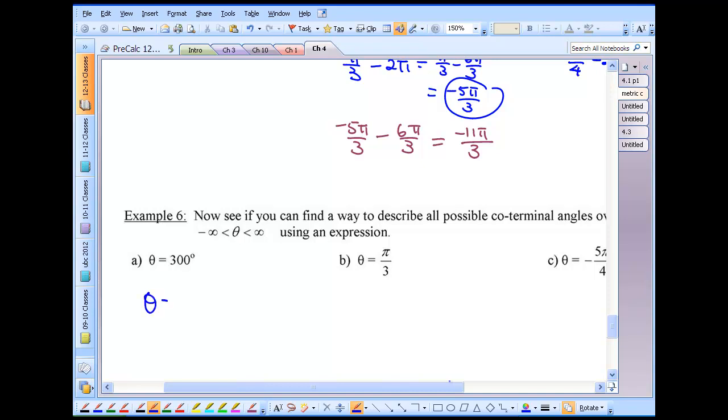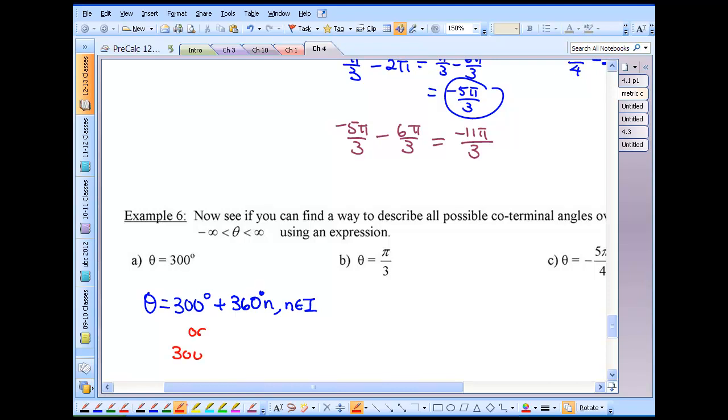So we can write our answer like this. It's 300 degrees plus 360 degrees times n, where n stands for the number of rotations. So n, I guess, could be any integer, because it could be 1, 2, 3, or negative 1, negative 2, negative 3, and so on and so forth. Some people will write it like this instead.